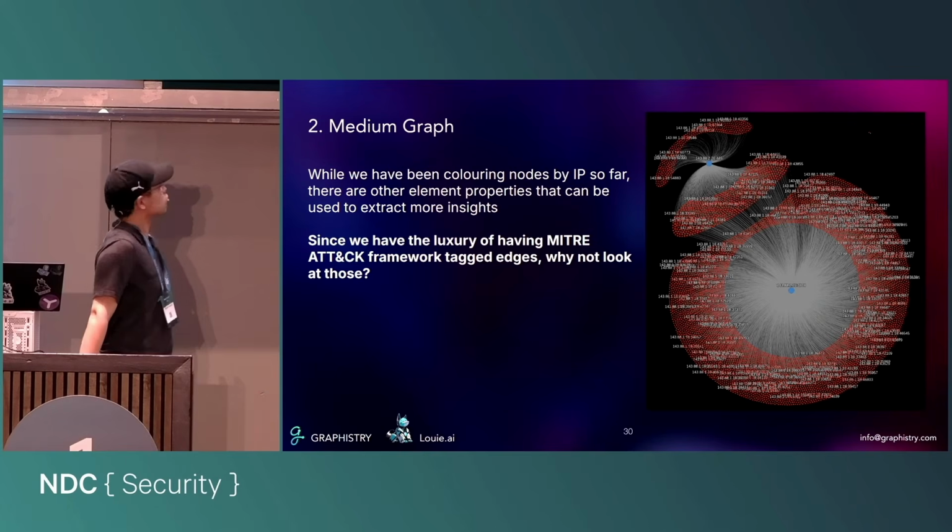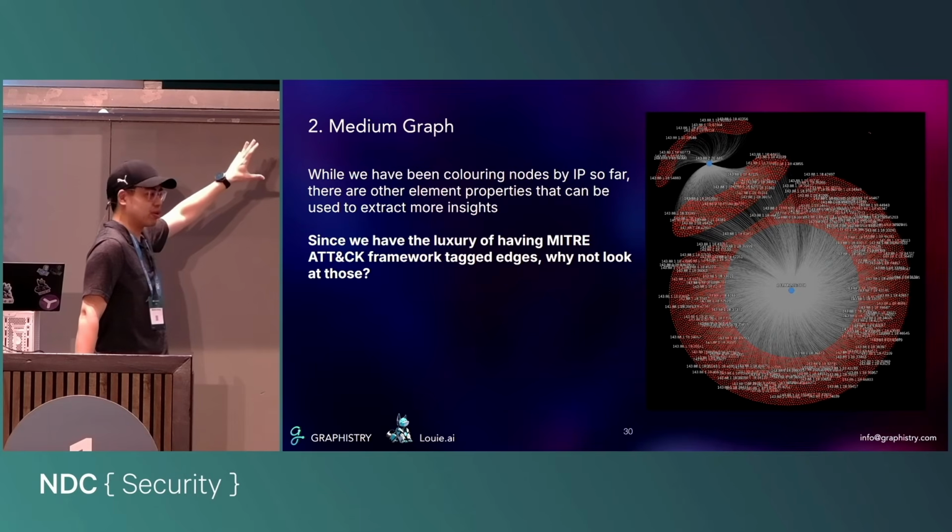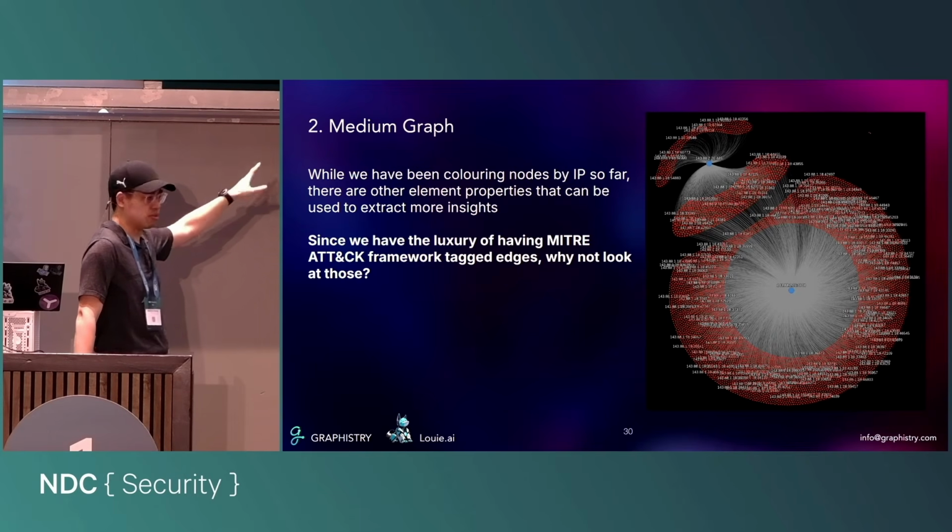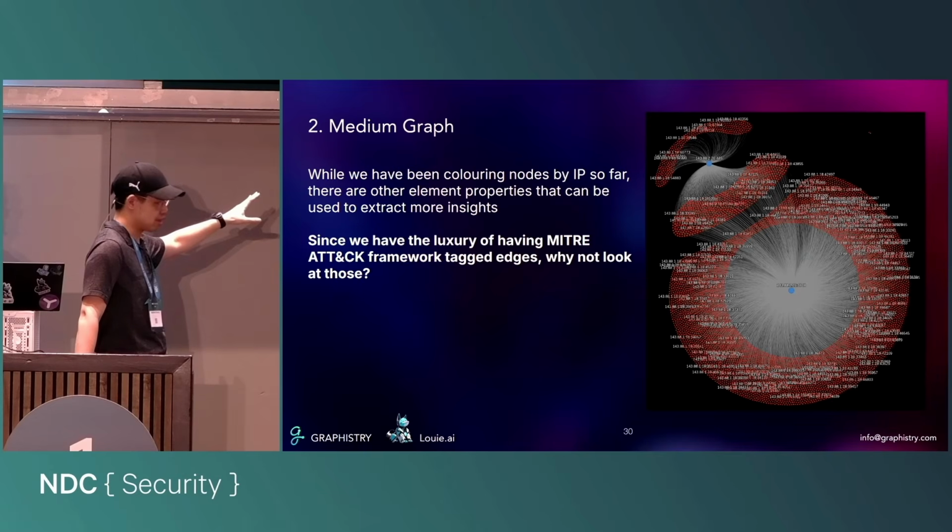We've been coloring nodes by IP so far, but one thing to keep in mind is that we've pretty much learned all we can from our current set of encodings. When you're finished learning everything you can, then you change encodings or add new ones.